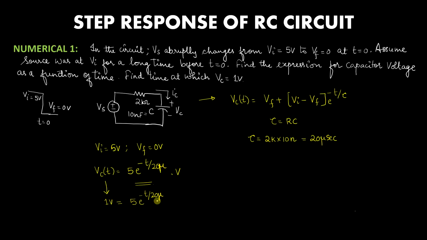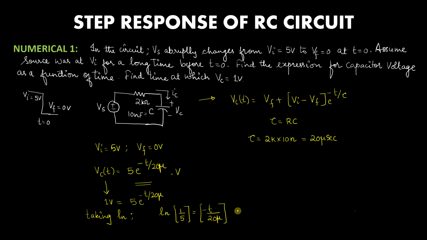Now since there is an exponential term here, we need to take the ln. So let me take ln on both the sides. Before that, let me rearrange this. So this becomes ln of 1 by 5 equals, so when you take the ln, the exponential term goes off and you have minus t by 20 micro.